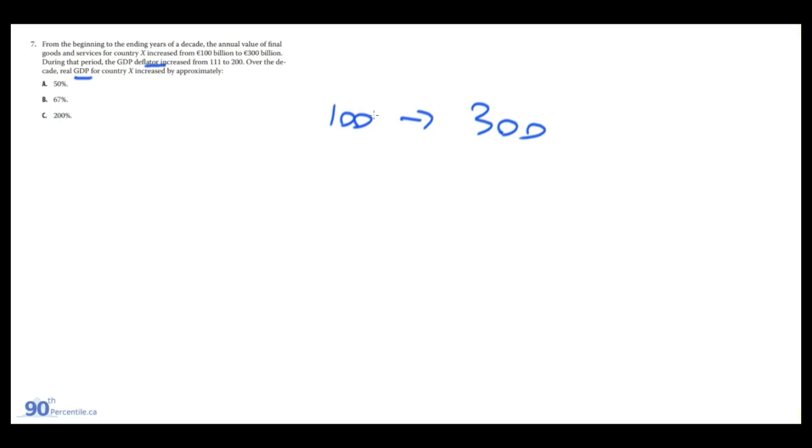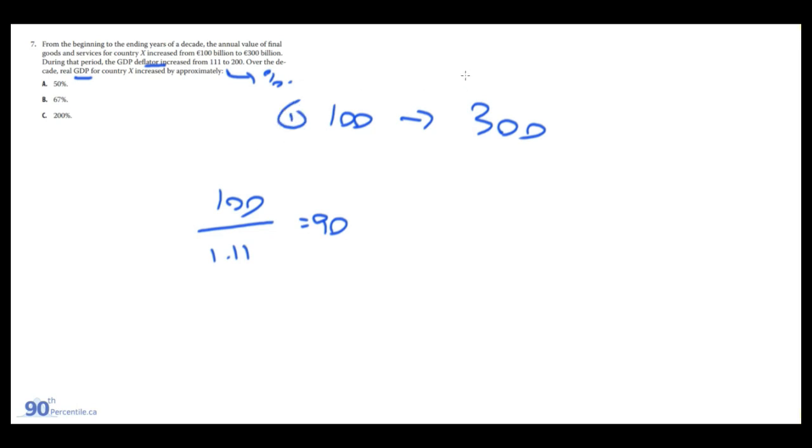So in order to compare these figures, we're going to need to standardize them versus the GDP deflator in that year. And remember, the GDP deflator is actually like a percentage. So when we do this, it would be 100 billion divided by 1.11, not 111. And this is 90, so 90 billion adjusted for inflation.